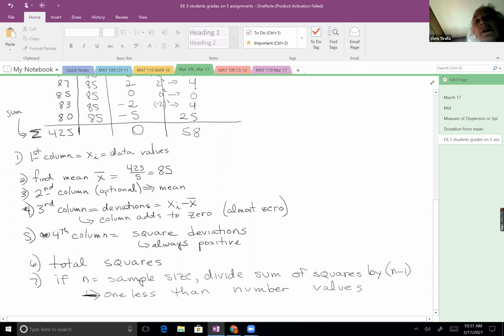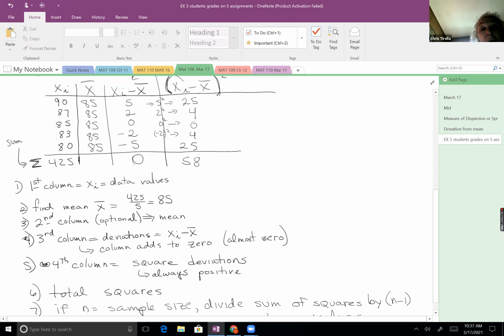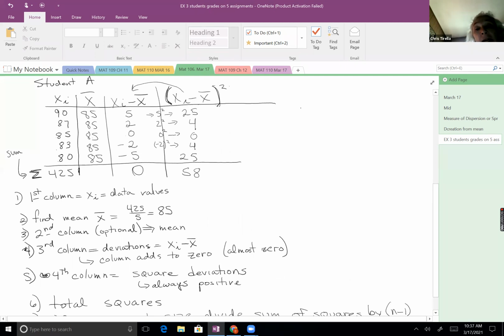He's going on the assumption that we're not going to do this for a very, very large group of numbers. So we're not going to be dealing with the population. So he only presents us with the formula for a sample. If you go on and take statistics, you'll realize that if we were dealing with an entire population, the formula would be slightly different. But going back up here, that's the end of my table.